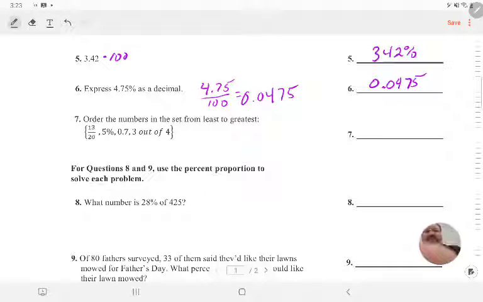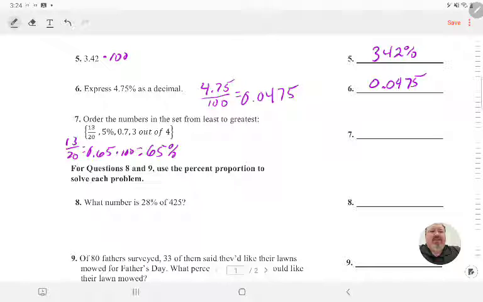So I could say 13 20ths. I could make that a percent. So 13 over 20, that would be 13 divided by 20 equals 0.65, times 100 equals 65%.